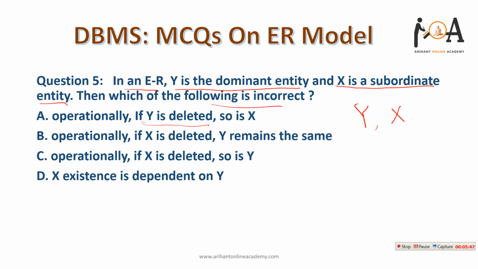Operationally, if Y is deleted, so is X. That is correct, because Y is dominant, so X should be deleted. Operationally, if X is deleted, Y remains the same. Yes, X will not have any effect on Y, so that is also true. Operationally, if X is deleted, so is Y.